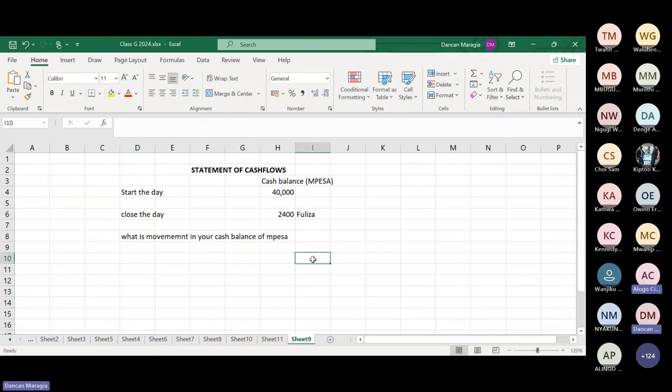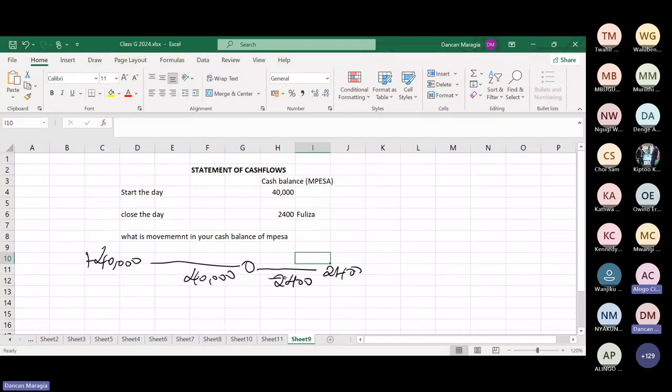Generally, here, it shows that you started with a balance of 40,000. You went all the way from a balance of 40,000 positive to zero. So already that is a 40,000 movement. Then again, you went to negative 2,400.